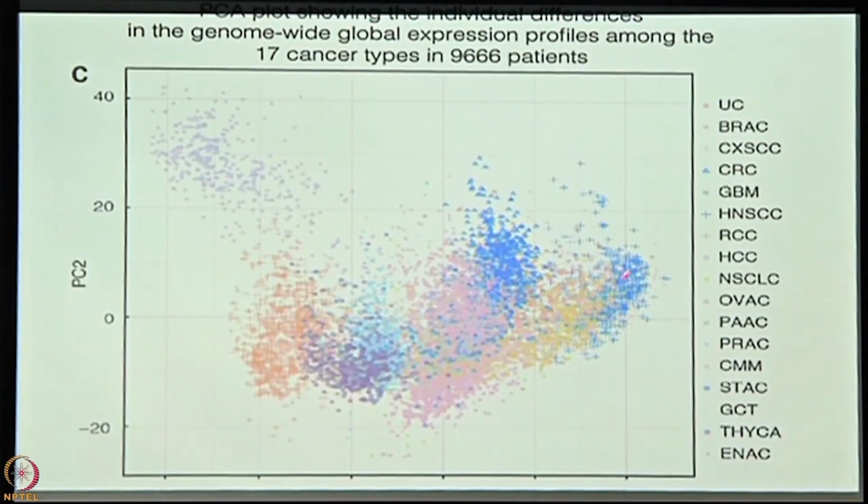When we look at this, each color and each figure corresponds to a particular type of cancer. You can see how much variation there is in each individual cancer. That means even though people like me say this is a moderately differentiated or a grade 2 hepatocellular carcinoma, if you take two of those, they look different.